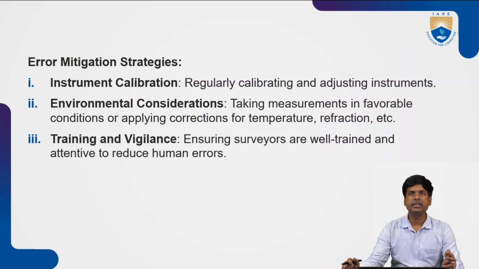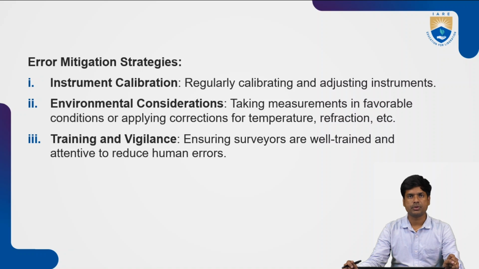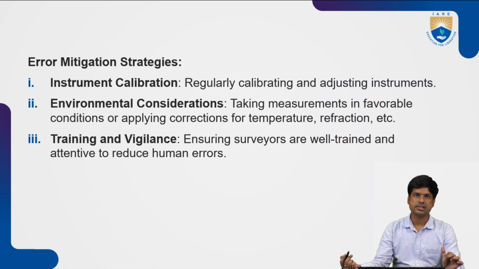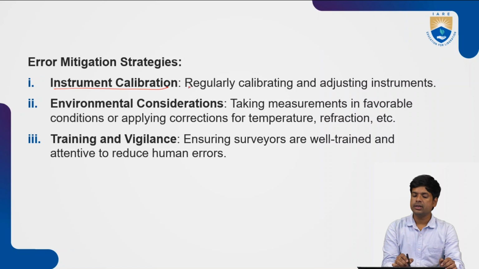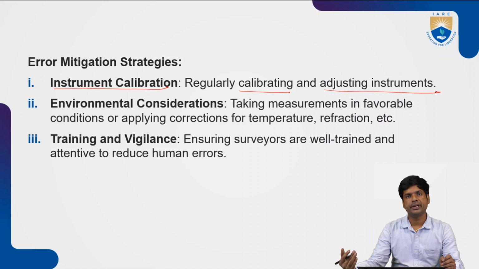Now coming to the error mitigation strategies. To reduce the error percentage and to control these errors, we are going to follow three strategies. The first one is instrument calibration. Regularly calibrating and adjusting the instrument will reduce the errors, so that we reduce the error percentage.